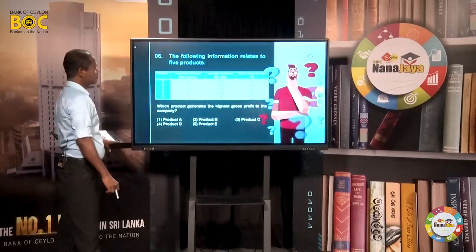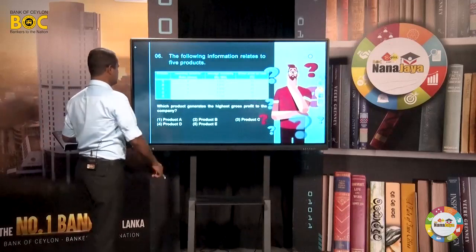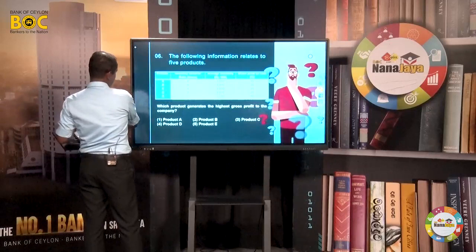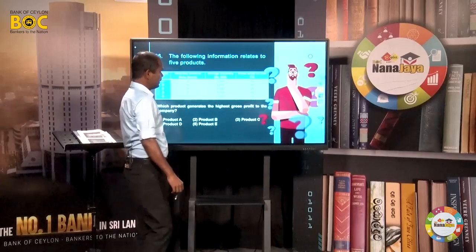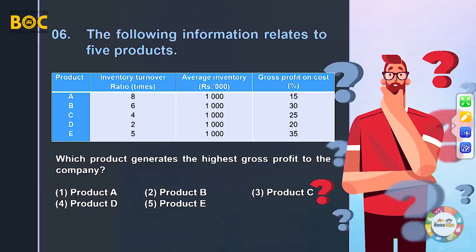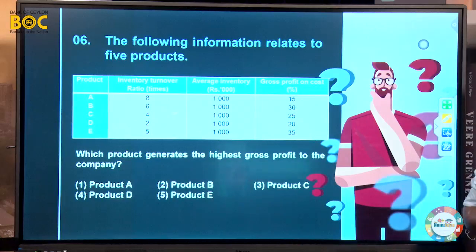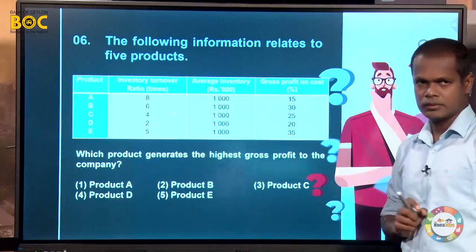So question number 6. The following information relates to 5 products, Product A to E: inventory turnover ratio, average inventory, and gross profit on cost.